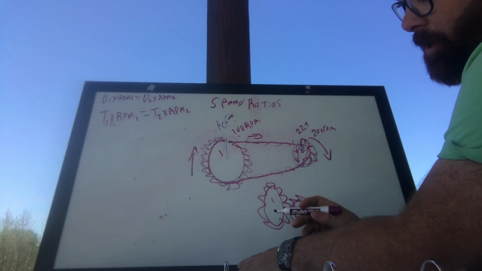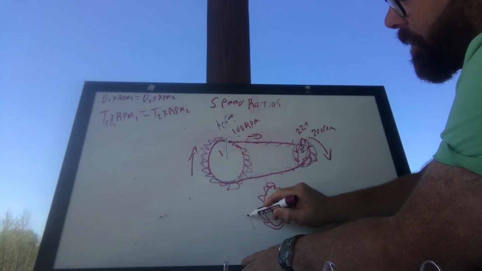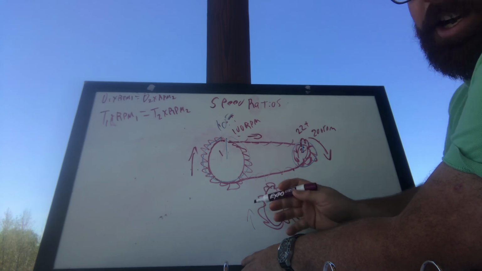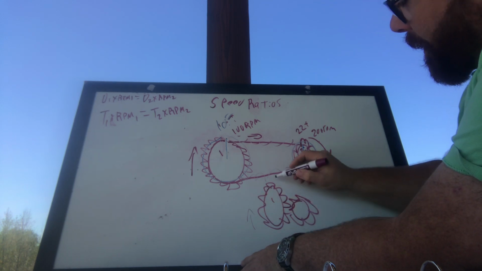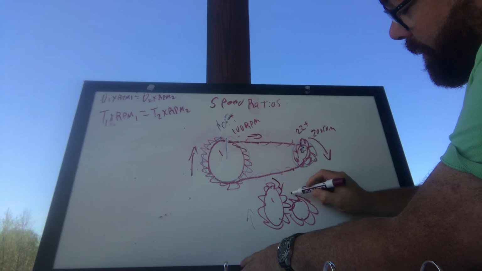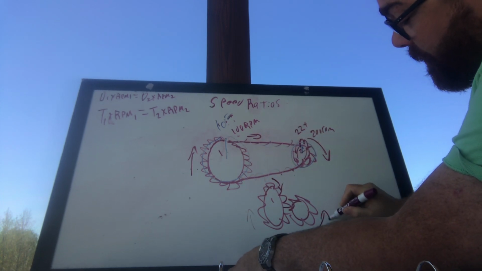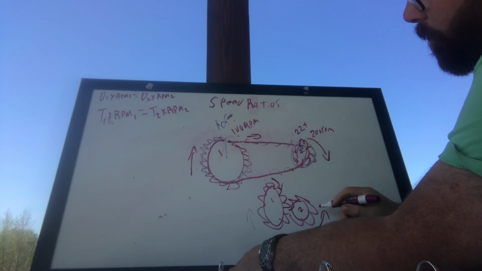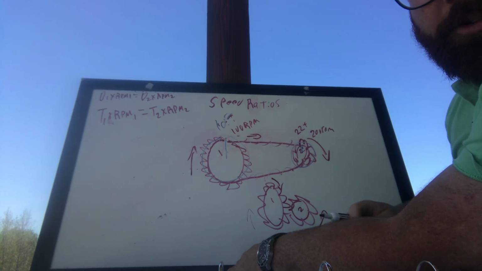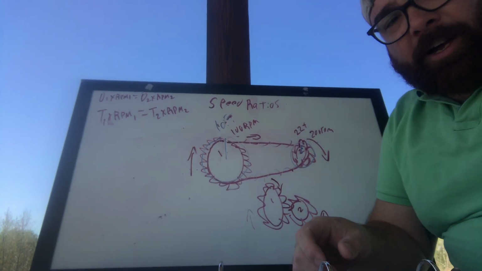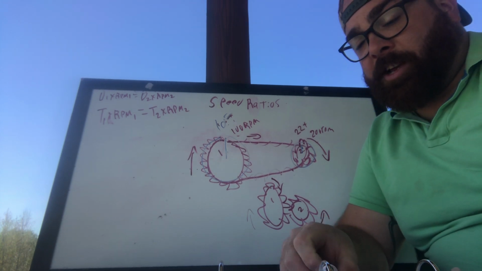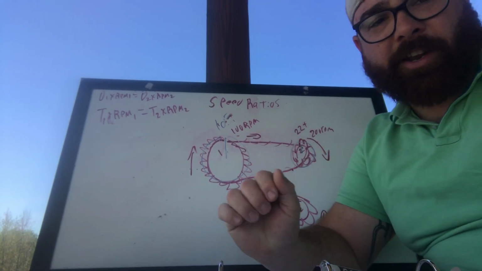But in this case, with interlocking teeth, if gear 1 is going this direction, clockwise, the interlocking gears, the way they work, this changes direction. So gear 2 will be going counterclockwise. So just keep that in mind. I got a little bit of a trick question in there just to make sure you do that, so note that in your test.